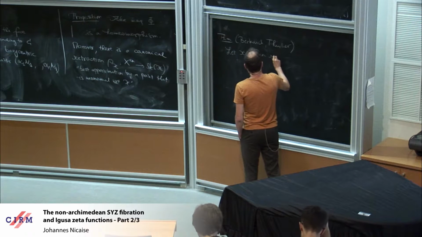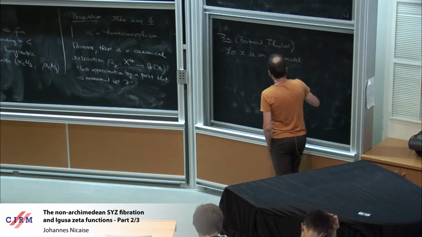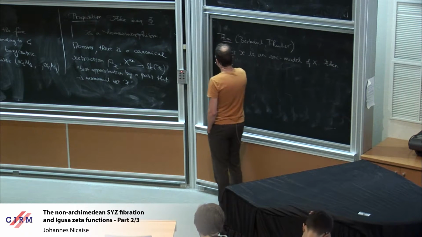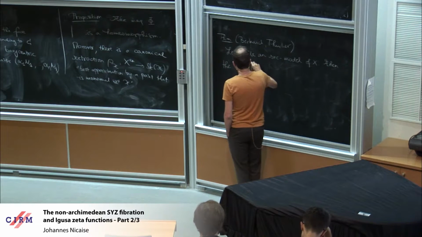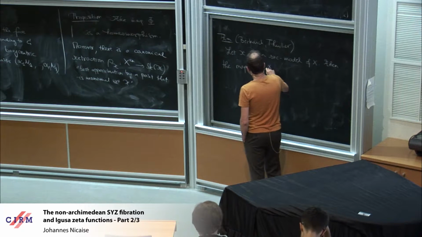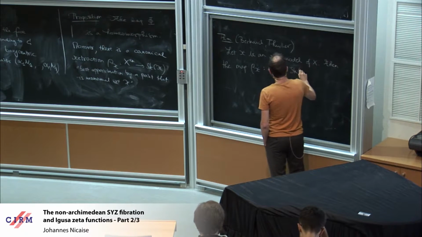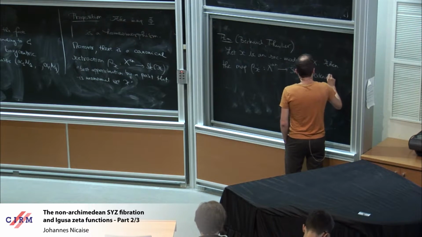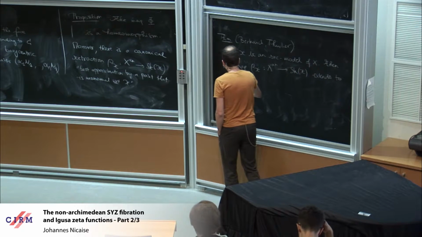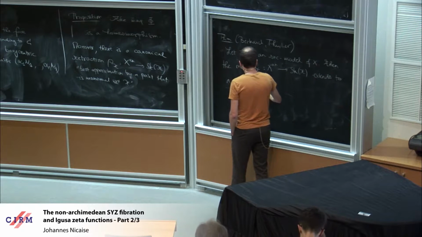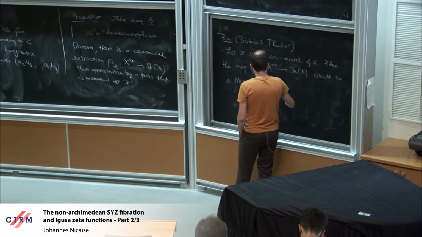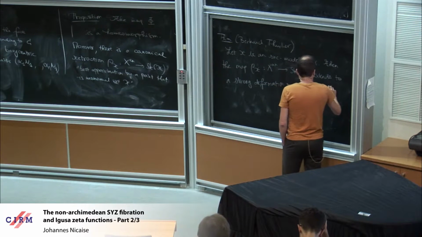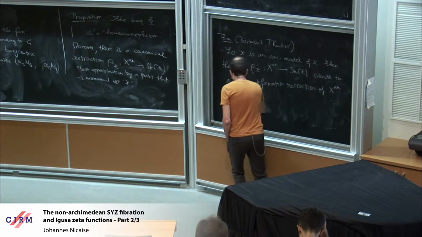be an SNC model of X. Then the map rho curly X, so this was a retraction map from the Berkovich analytification to the skeleton, extends to a strong deformation retraction of the Berkovich analytification onto the skeleton.